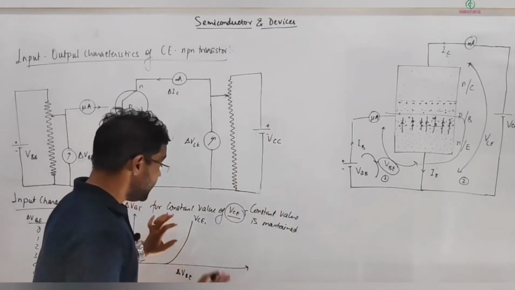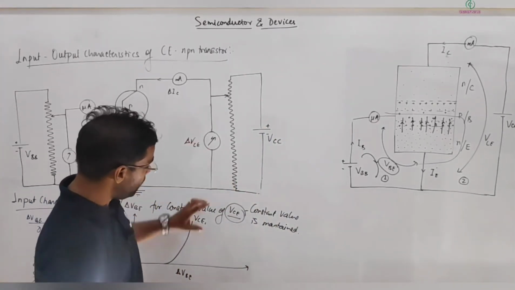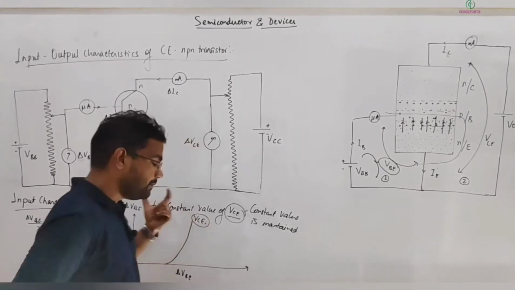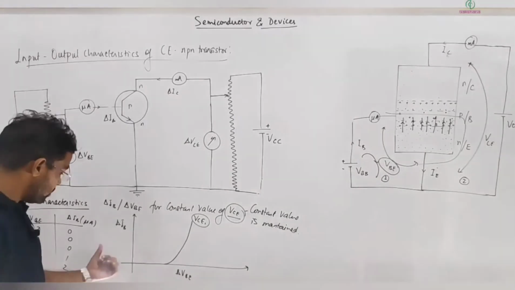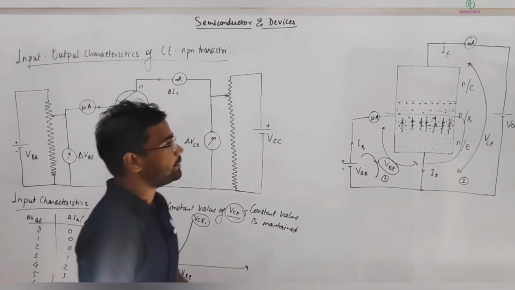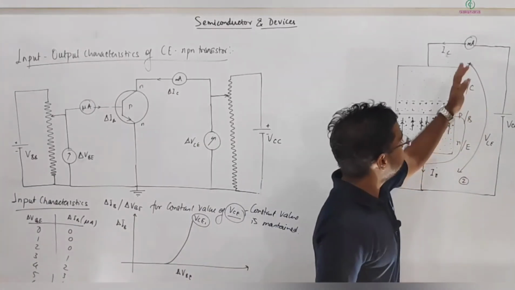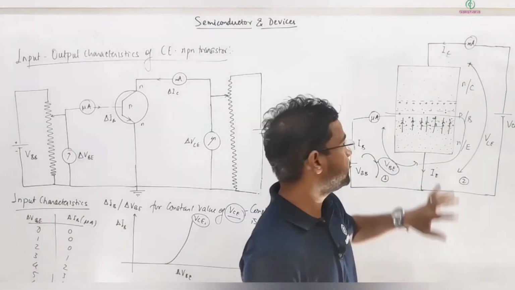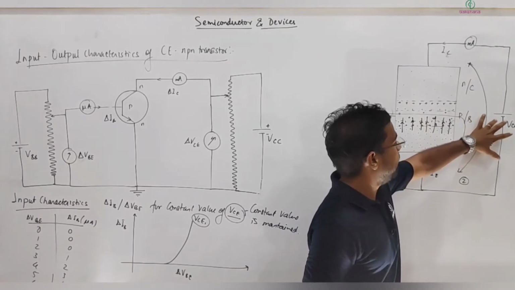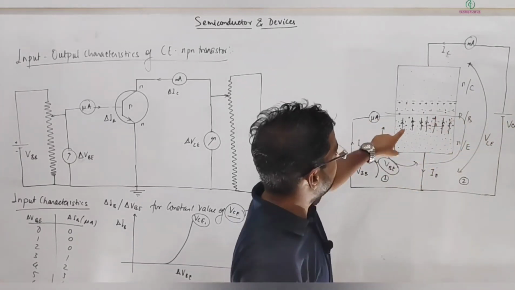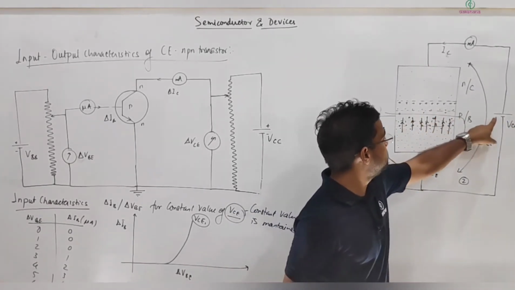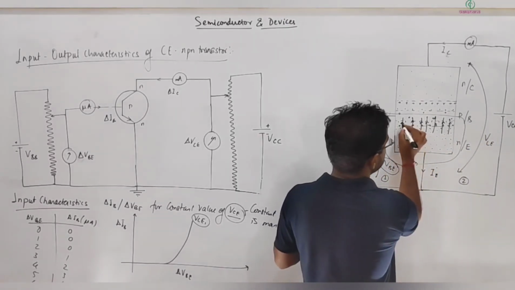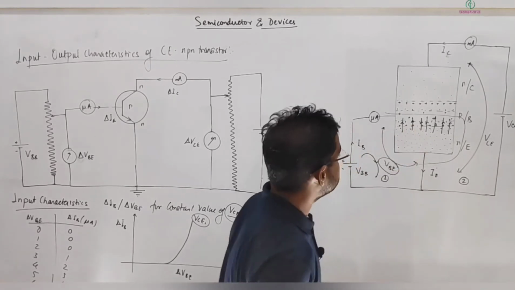Now the next point is that I am increasing this VCE, and how will this VCE affect this graph or this variation. So now what is happening here, see, if I am initially maintaining VCE at a little lower value.